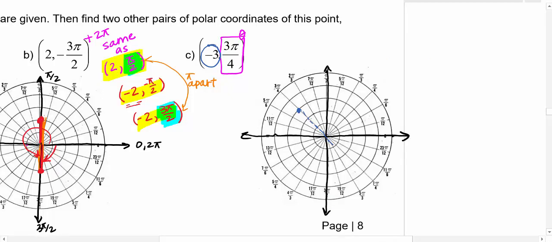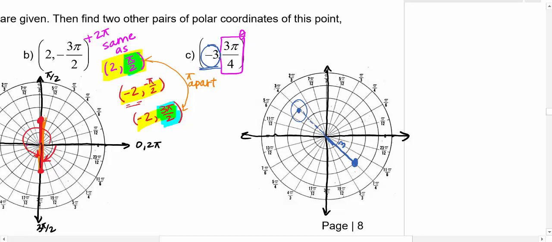It's not letting me draw very nicely. There it is. So this is my point, right, with a radius of 3. Again, I'm just looking at that as determining its length. 3 pi over 4 would put me up here, but because it's paired with that negative r, I'm on the opposite segment.